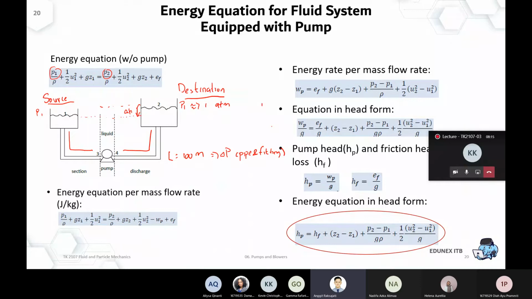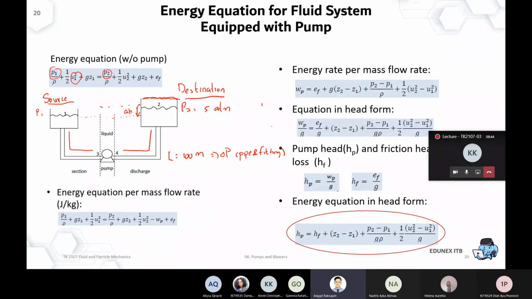But if it's a closed vessel, then you can't assume it to be 1 ATM. If it's a closed vessel, then it has to be stated. For example, the P2 over here is 5 ATM. So the delta P now exists, and the pump has to provide that differential pressure.